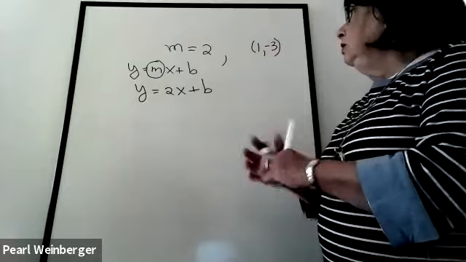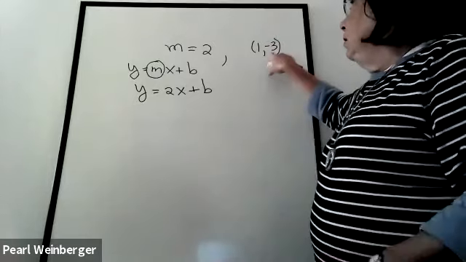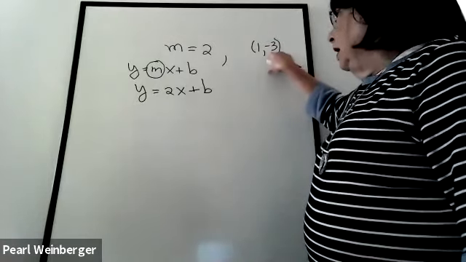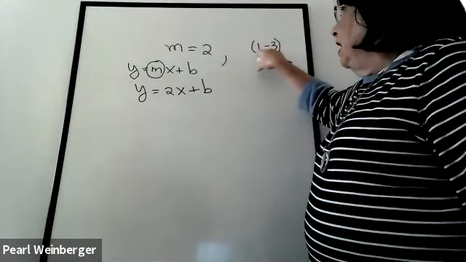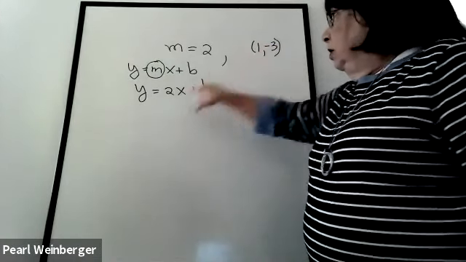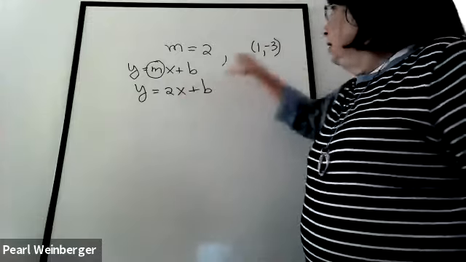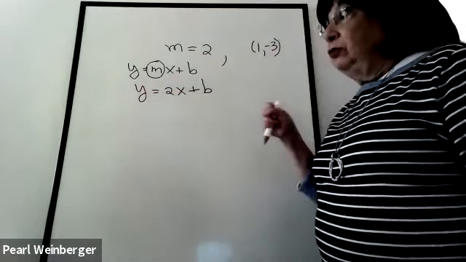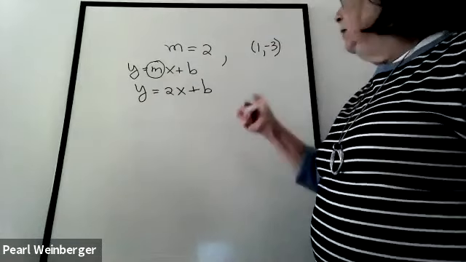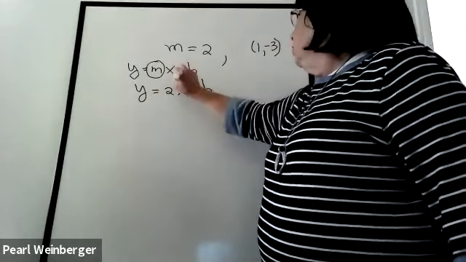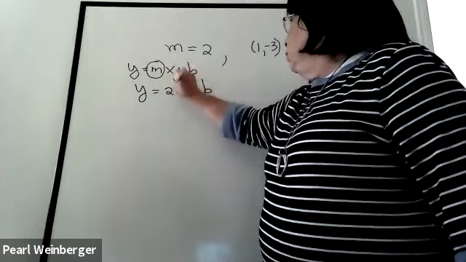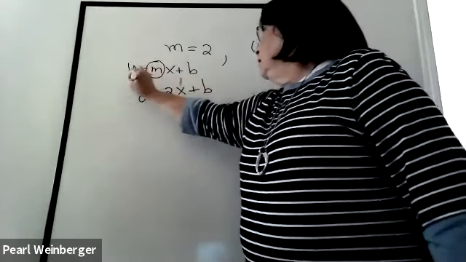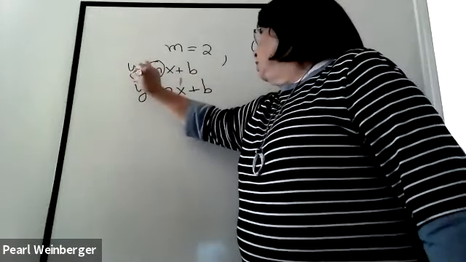Since this is a point on the line, when I replace the x with 1 and the y with negative 3, that is going to make a true statement. In other words, this is going to be my 1, and this is going to be my negative 3.